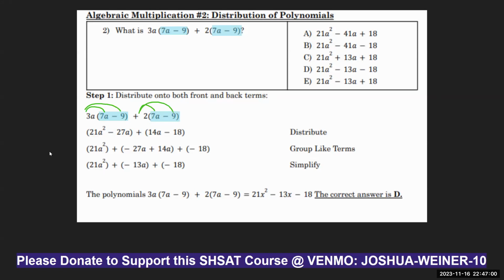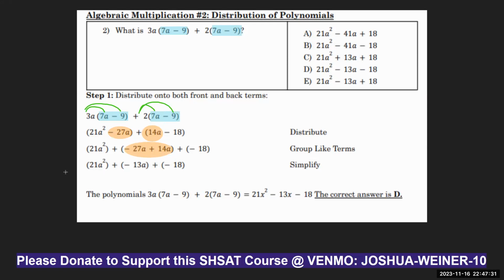So we have 3 times 7 is 21a squared. 3 times negative 9 is negative 27a, plus 2 times 7 is 14a, and 2 times negative 9 is negative 18. Then grouping like terms, be careful, we have the same middle terms here that can go into one group. So we have negative 27a plus 14a in the middle.